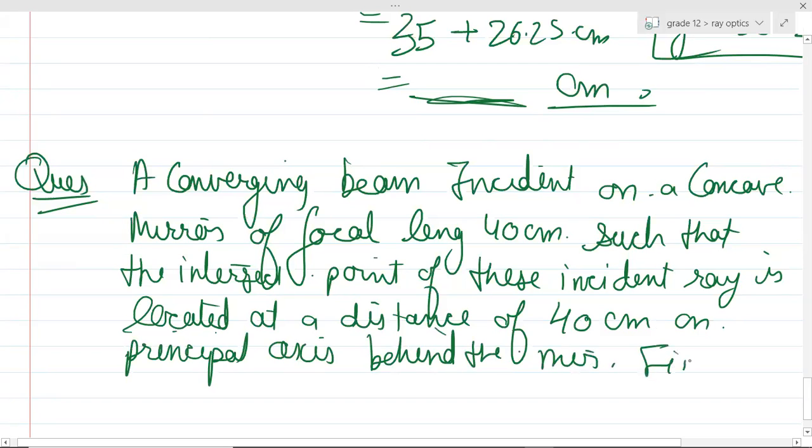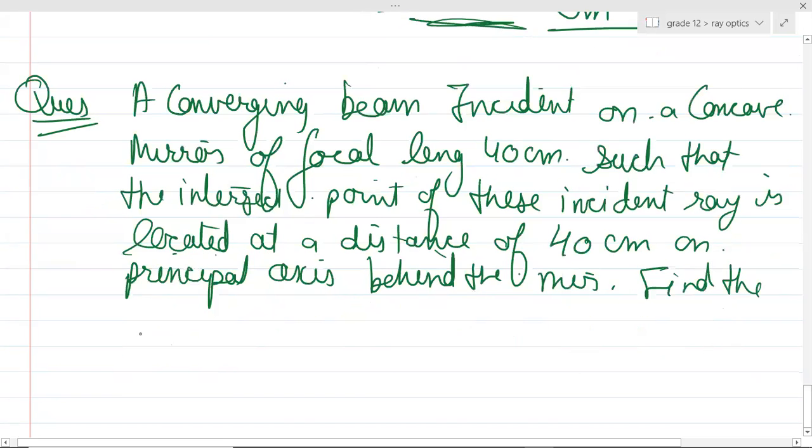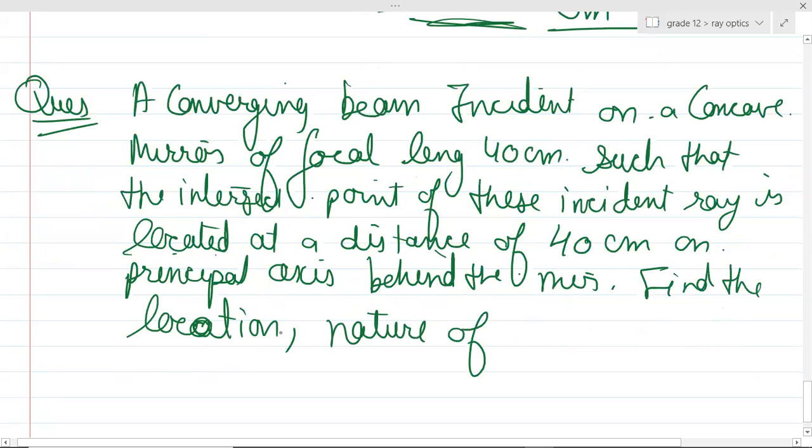Now the question is to find the location and nature of the image.